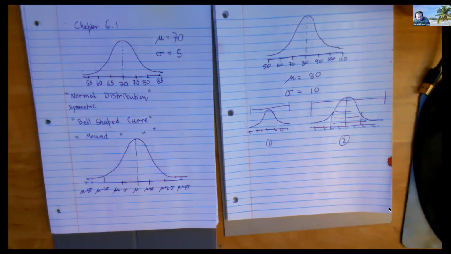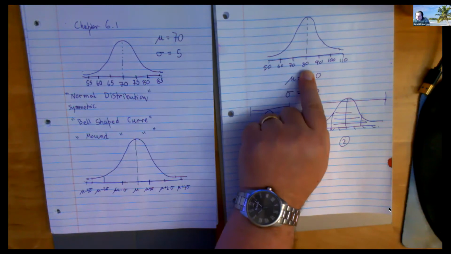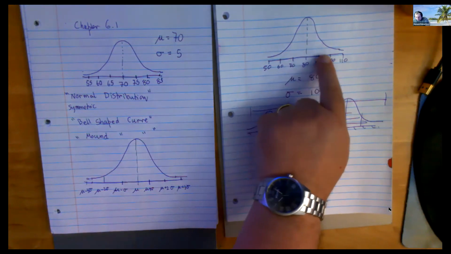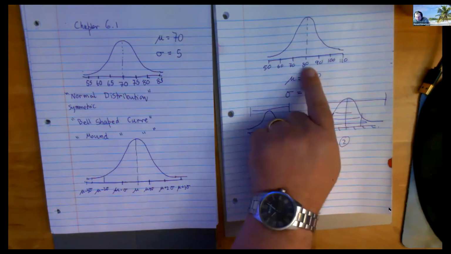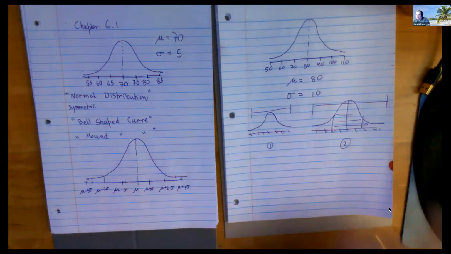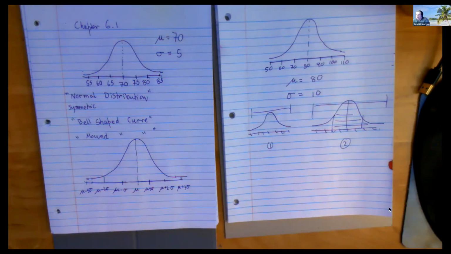So if you have a bell-shaped curve, a mountain-shaped curve, I'm trying to use every version of the terms that you can think of, a normal distribution, it has a very, very structured shape to it. The mean is always in the center. And if you go 1, 2, 3 either side, the gap between the 1, 2, and the 3, in this case it's 10, will be the standard deviation of that particular population.